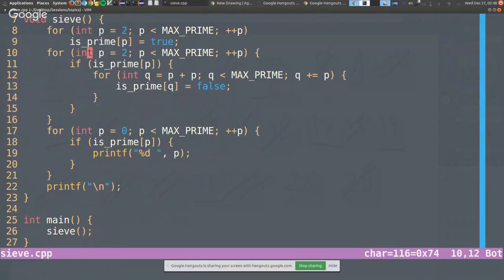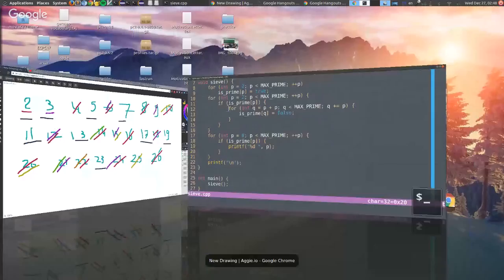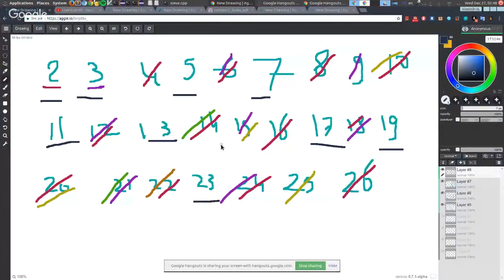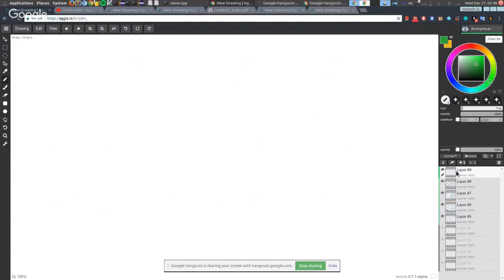Here we can make some optimization. As you can see, there are numbers like this, this, and this that are marked multiple times because they have more multiples. So we can reduce the effect of this.